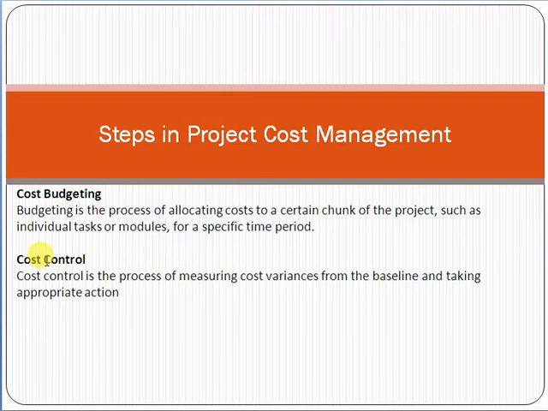Then the cost control. Cost control means, friend, that you identify the variances. For example, first of all you establish a baseline. Baseline means the performance measurement baseline. For example, you set a baseline that you must complete a project within $1,500 cost.